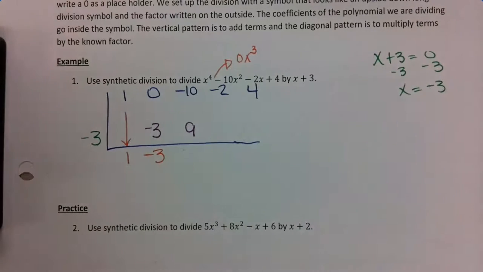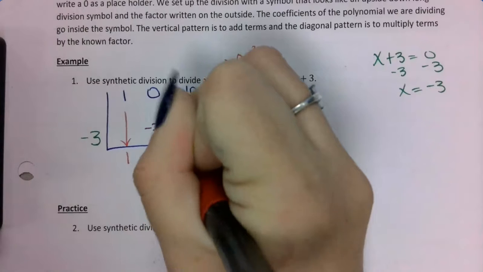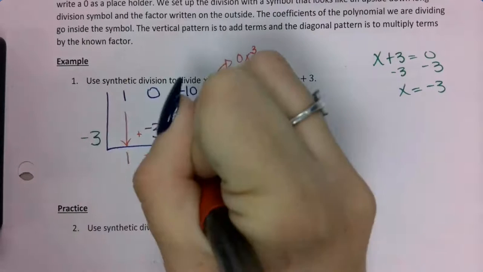And then I add down: negative 10 plus positive 9 is negative 1.